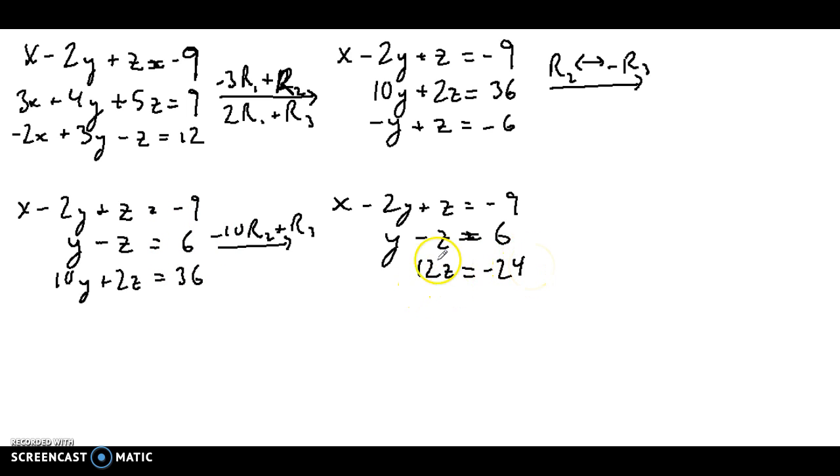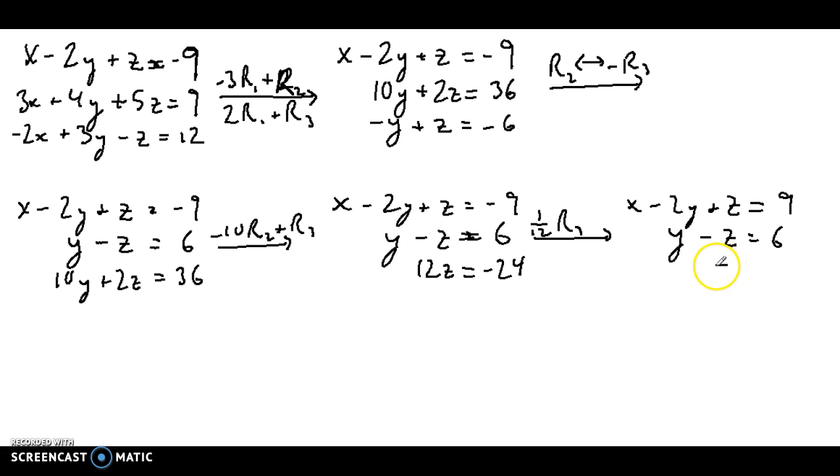Now the last thing I would want to get is I really want this to be a 1z, so we're going to take row 3 and multiply it by 1/12. Again, row 1 and row 2 don't change. But row 3, 1/12 times 12 is 1. 1/12 times negative 24 is negative 2.